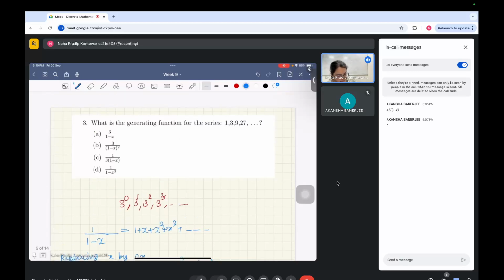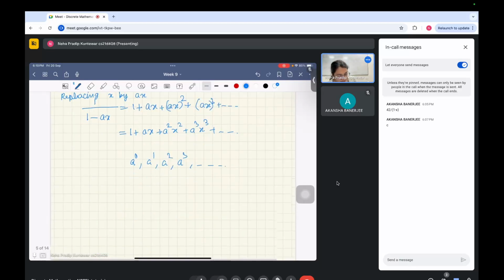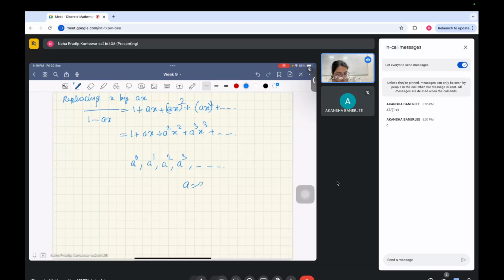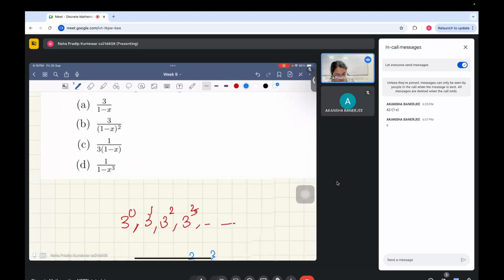And in this case the a that we're looking for is 3. So therefore 1 over 1 minus 3x would be the generating function for this, which I think does not match with any of the options. Yeah, sorry about that.